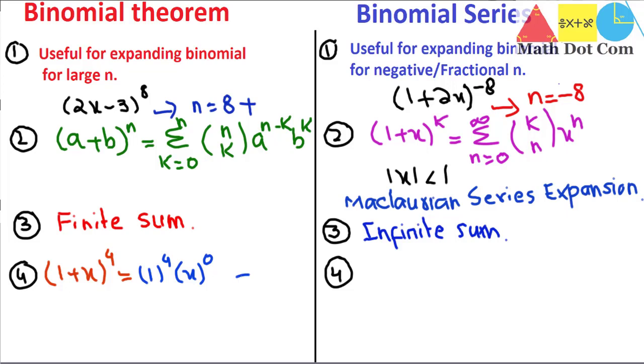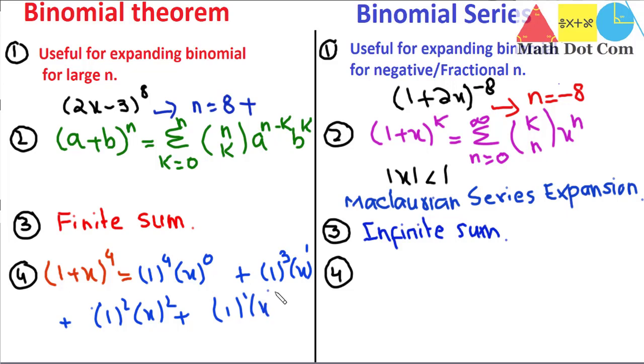So 1, then plus, now we have to reduce the power of the first term and increase the power of the second. Now we will have 1^3 and x^1, plus 1^2 and x^2, plus 1^1 and x^3, plus 1^0 and x^4. Now what is left are the coefficients of these terms, and for finding the coefficients we made use of Pascal's triangle in the previous lecture.